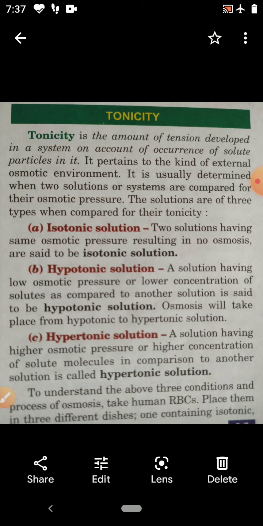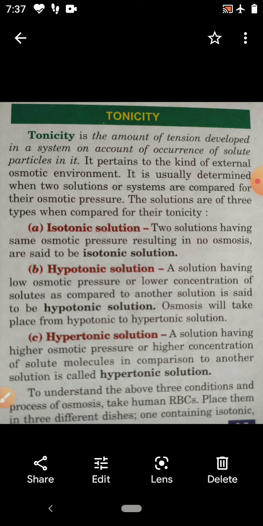Second is hypotonic. Hypo means lower and tonic means relative concentration. It means a solution in which the amount of solute present is lower.